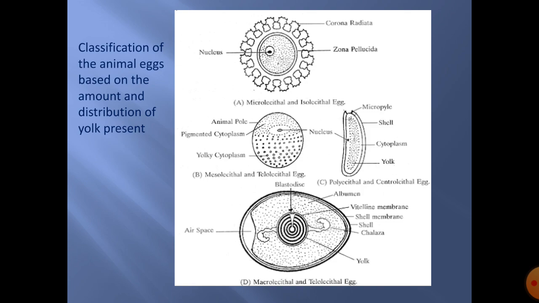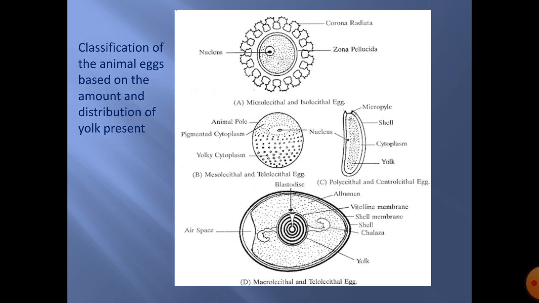I have presented here in this slide the pictures of different types of eggs which have been classified based on the amount and distribution of yolk being present. Figure A depicts the microlecithal and isolecithal egg.